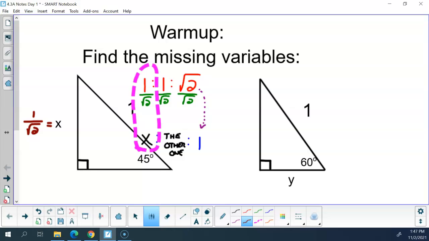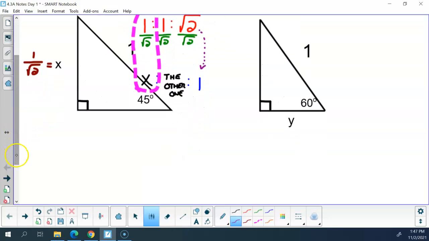So if I don't like radicals downstairs, then I've got to take 1 over the square root of 2 and multiply it by a fraction equal to 1, which is the square root of 2 over the square root of 2, and then I get the square root of 2 on top, square root of 4 on the bottom, which is 2.